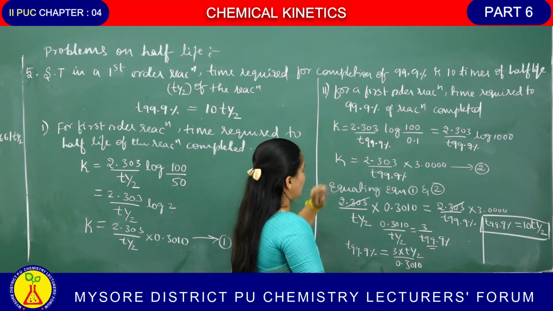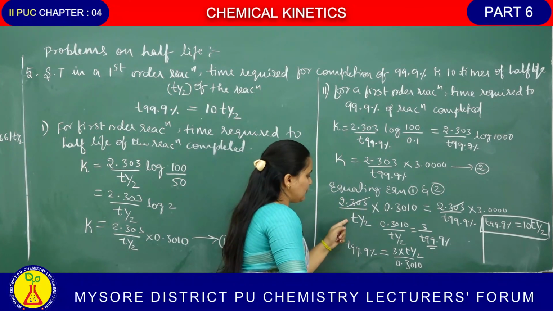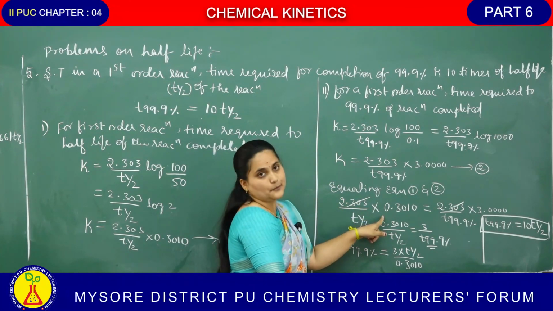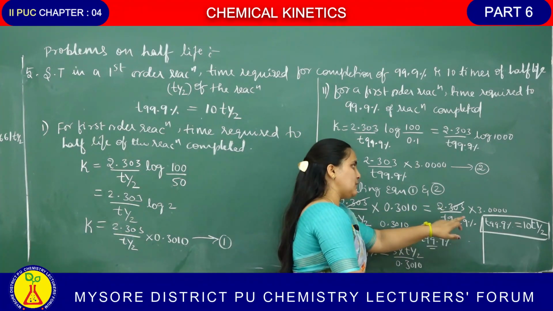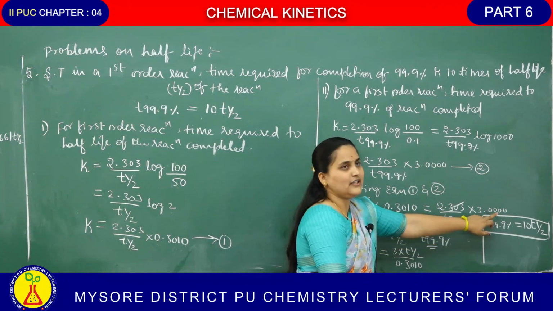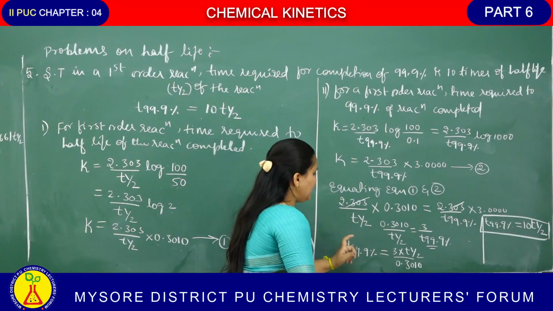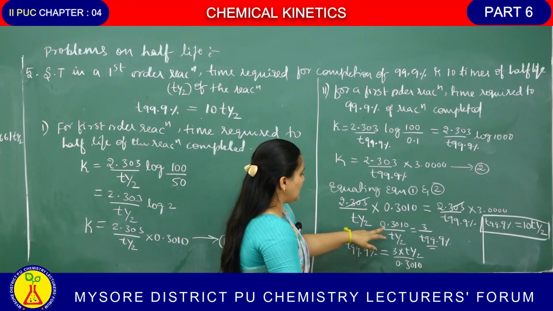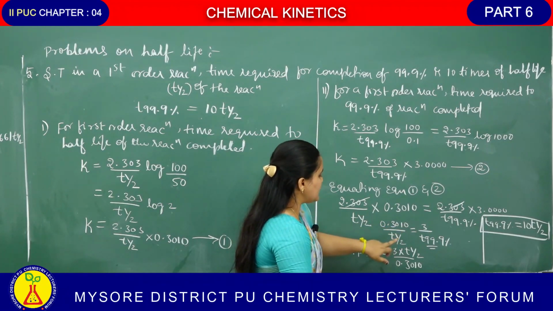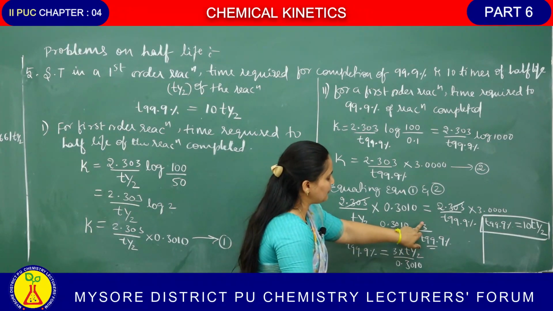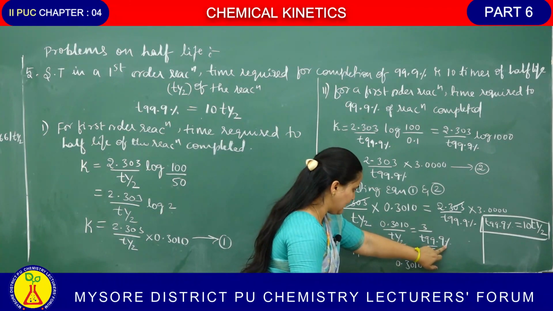Equating equation 1 and 2, we get 2.303 divided by t half multiplied with 0.3010 equals 2.303 divided by t 99.9% multiplied with 3. Finally, we get 0.3010 divided by t half is equal to 3 divided by t 99.9%.